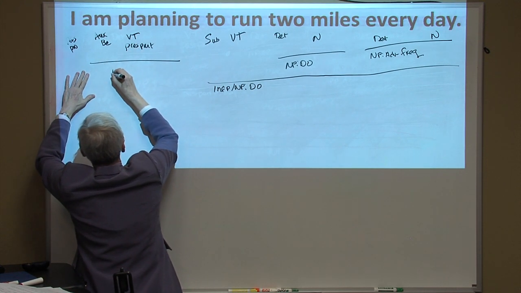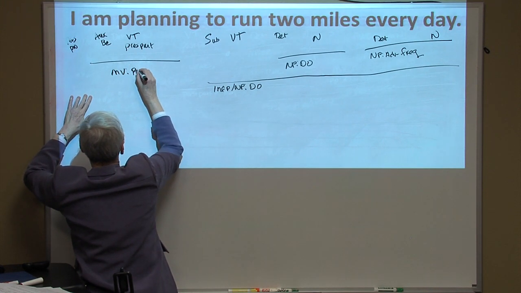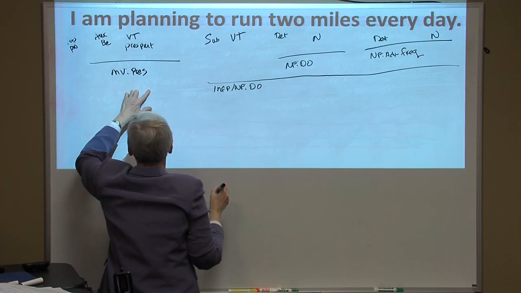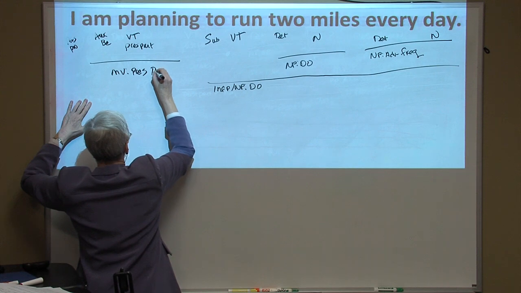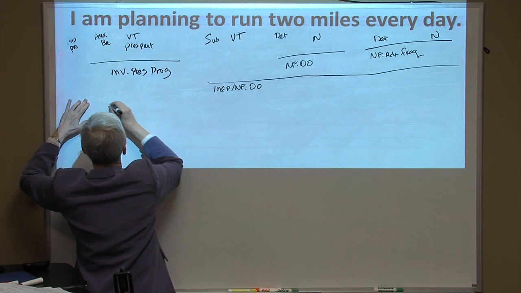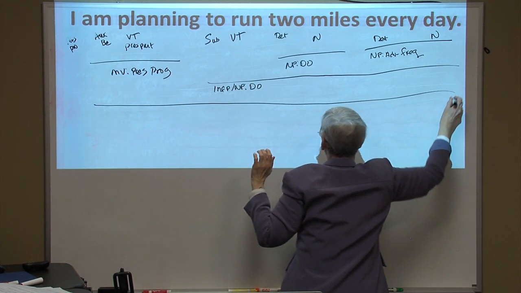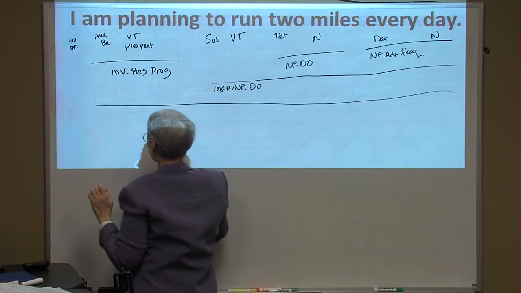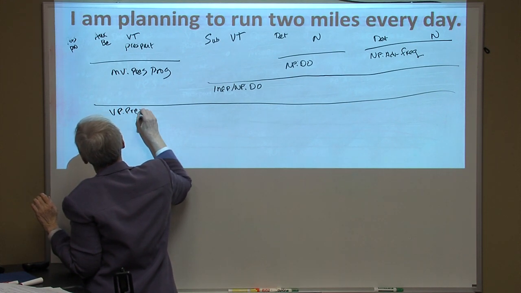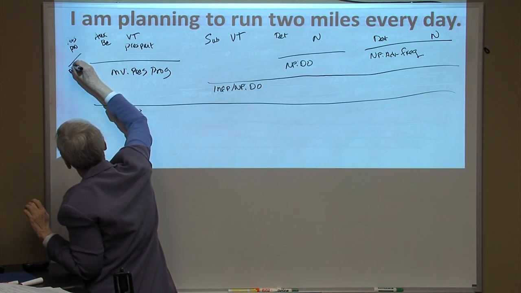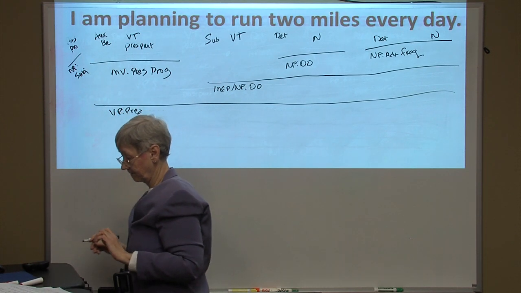Then we have our main verb, present tense, am is present, and progressive aspect, auxiliary be followed by the present participle. Main verb, status, present progressive. So here's our verb phrase functioning as the predicate. And we have I in the noun phrase functioning as subject slot.